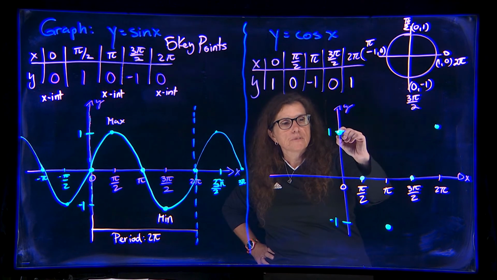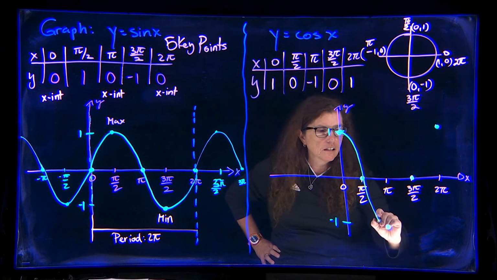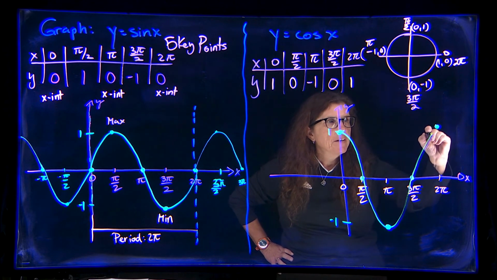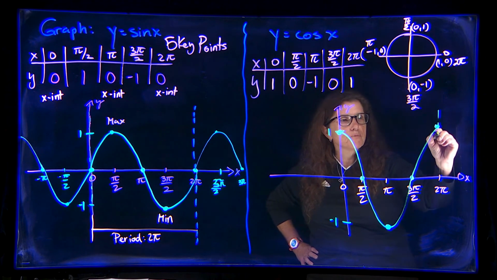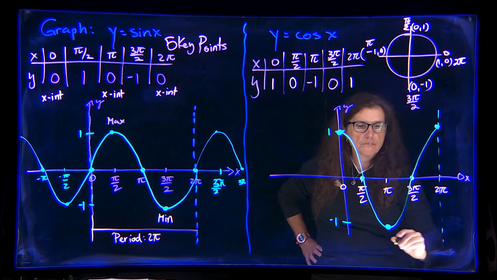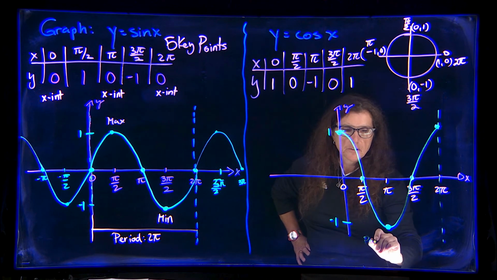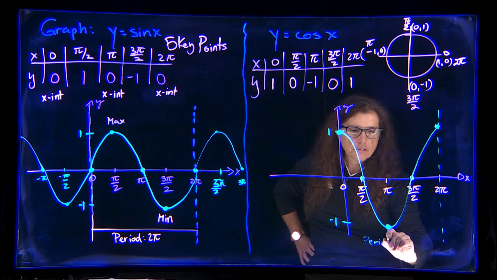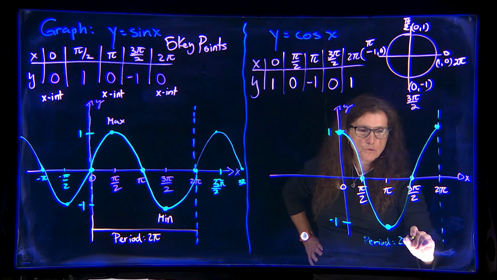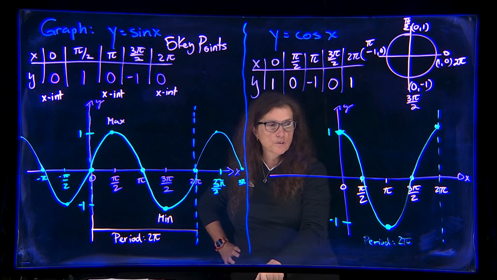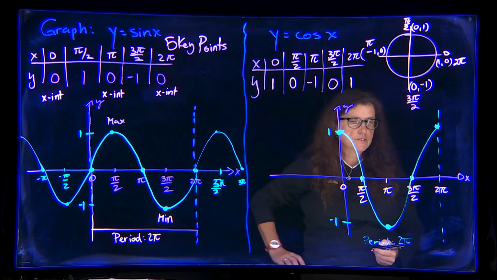Somebody once told me it looks like a seagull. There you go. This is one period of the cosine. And the period, of course, is 2 pi, because that's one full revolution around the circle.